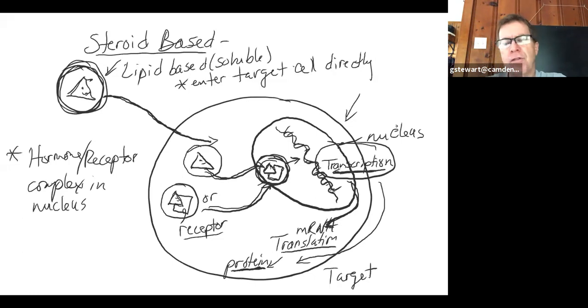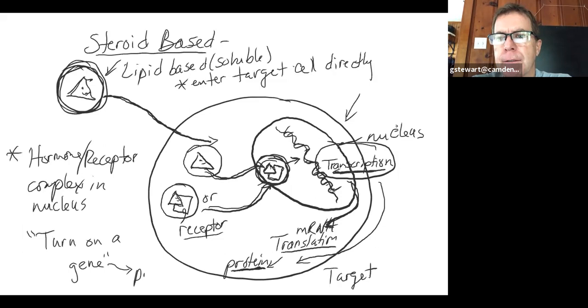They usually diffuse right through the target cell membrane because they're lipid soluble. They bind to intracellular receptors, either in the cytoplasm or in the nucleus. And then what we say is they typically turn on a gene for protein synthesis.